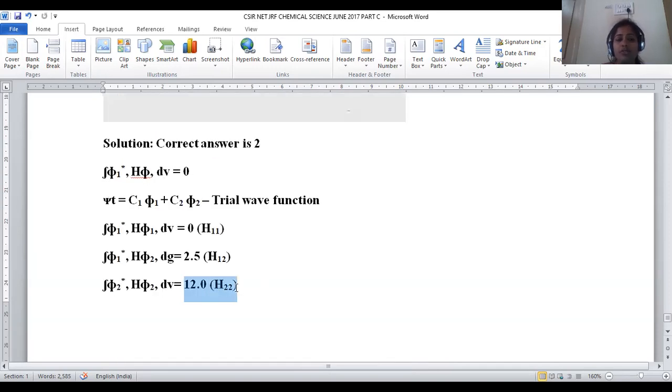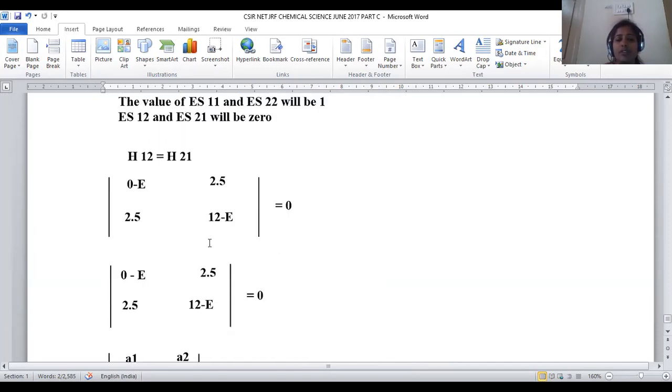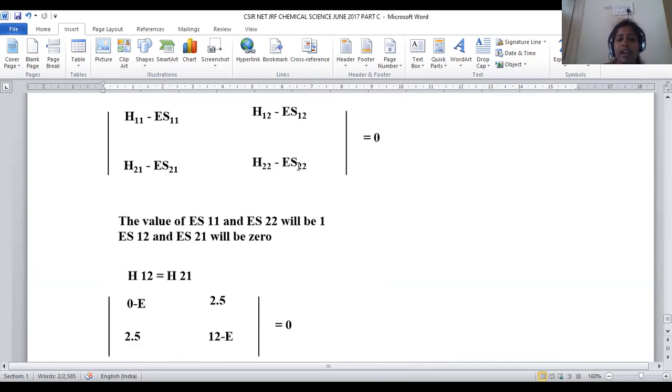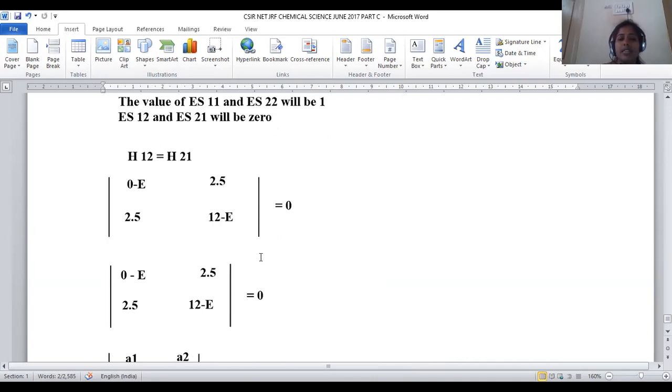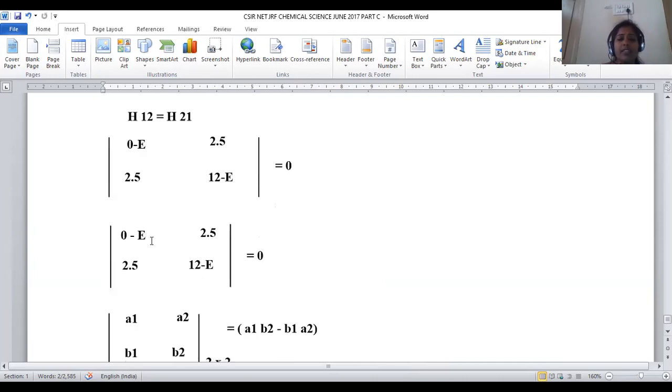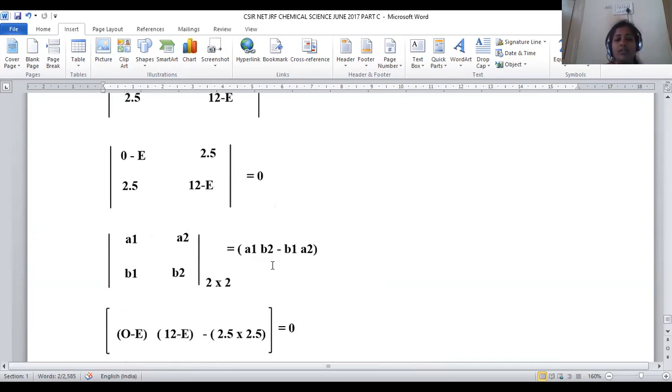What is the value of H22? 12.0, so it will be taken as 12.0. And ES22 is taken as E itself. So 12 minus E. So this is the matrix for the given equation, which is equal to 0. Now it is 0 minus E, 2.5, 2.5, 12 minus E is equal to 0.